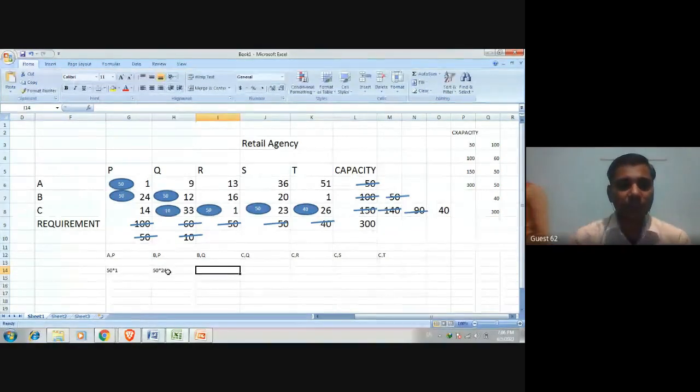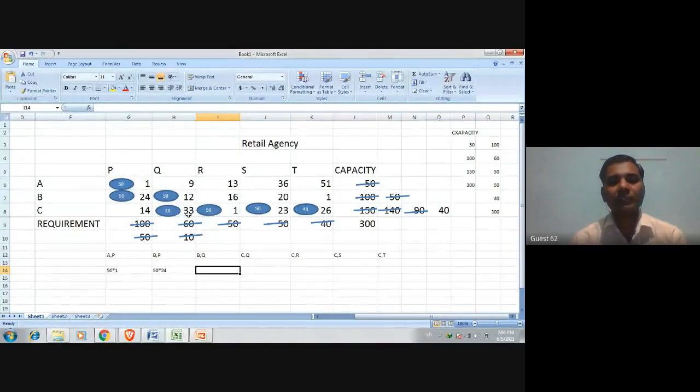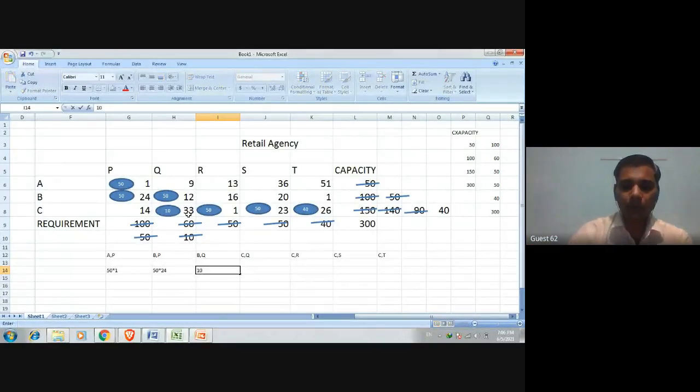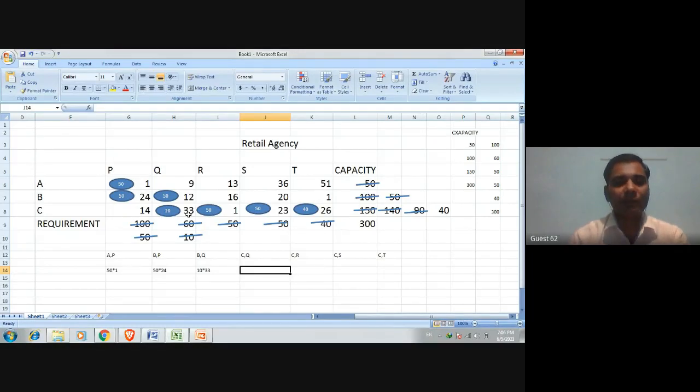This is second. We have sent 10 units to Q from C and the per unit cost is 33. Okay. So we will multiply 10 into 33. We have sent 50 units from C to R and the transportation cost per unit is 1. So we will multiply 50 into 1.